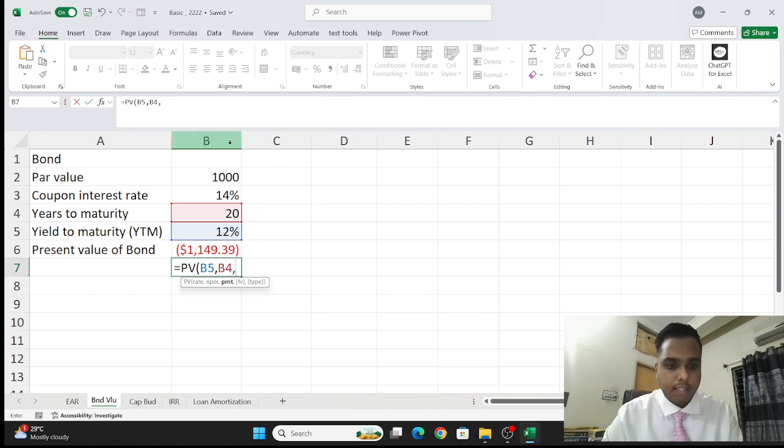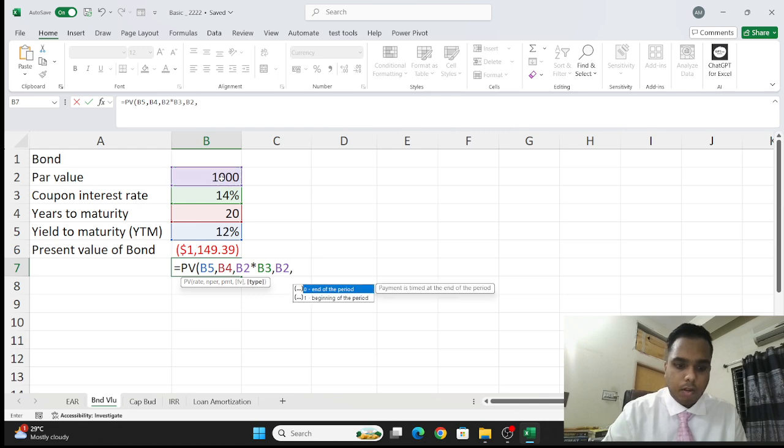So here is the difference. When we are asked to calculate the PMT, we will simply multiply par value with the coupon interest rate. This is our PMT, comma, FV is par value, comma, type is 0.